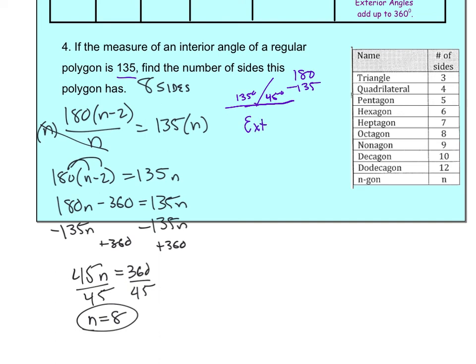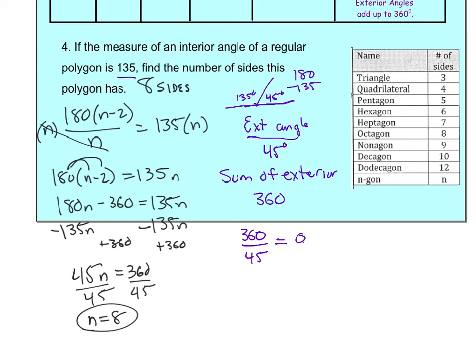So that means my exterior angle will be 45 degrees. Well, I know that my sum of exteriors is going to be 360. So if I take 360 divided by 45, I get 8.